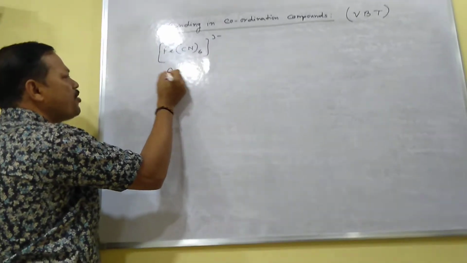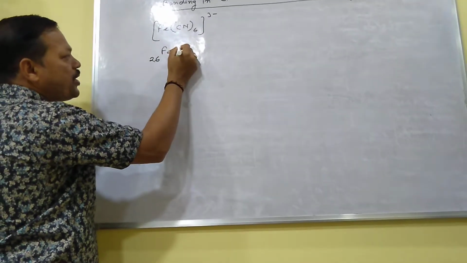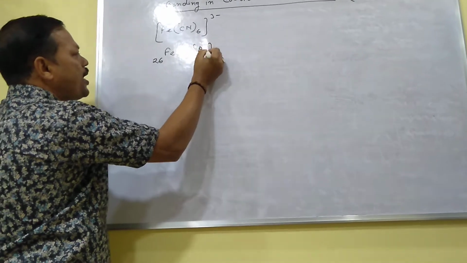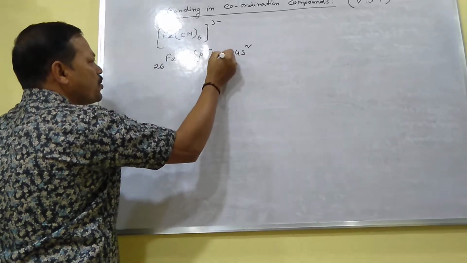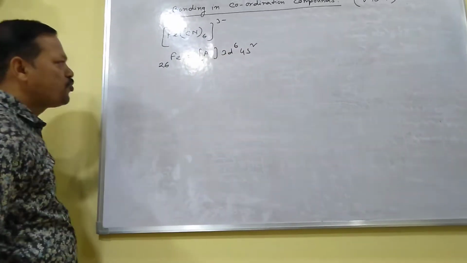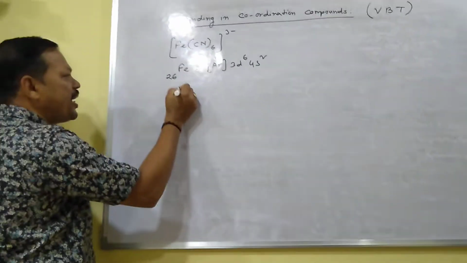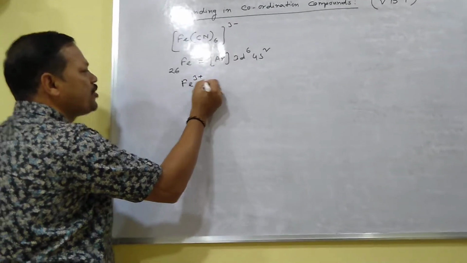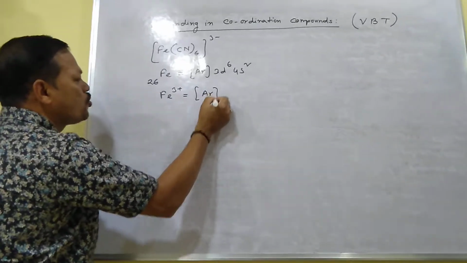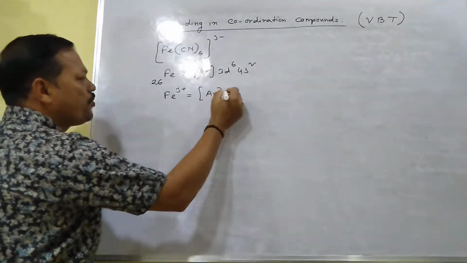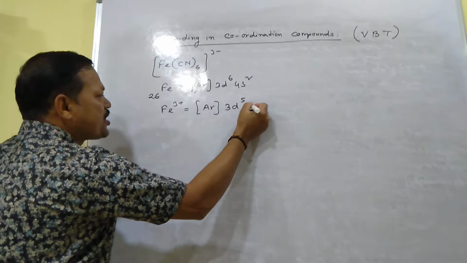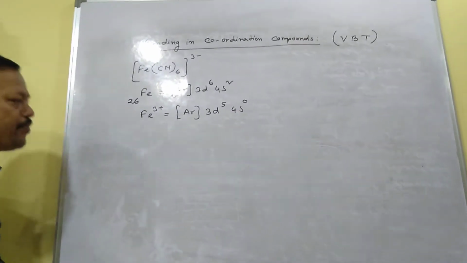As you know, the atomic number of iron is 26, so the electronic configuration will be argon 4s2, 3d6, that is 26. Since iron exists as 3+, it will release 3 electrons: 2 electrons from s, 1 electron from d. I mean the configuration becomes 3d5 4s0 for the 3+ ion.